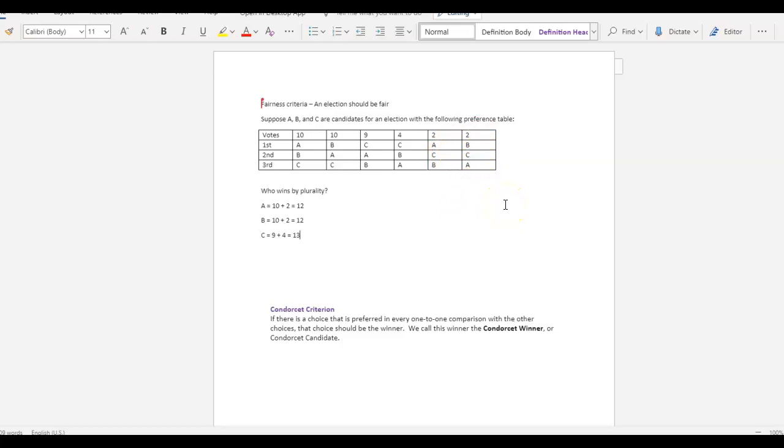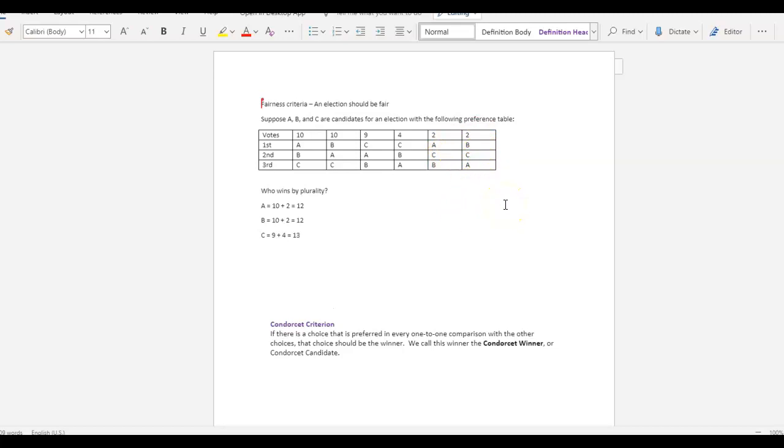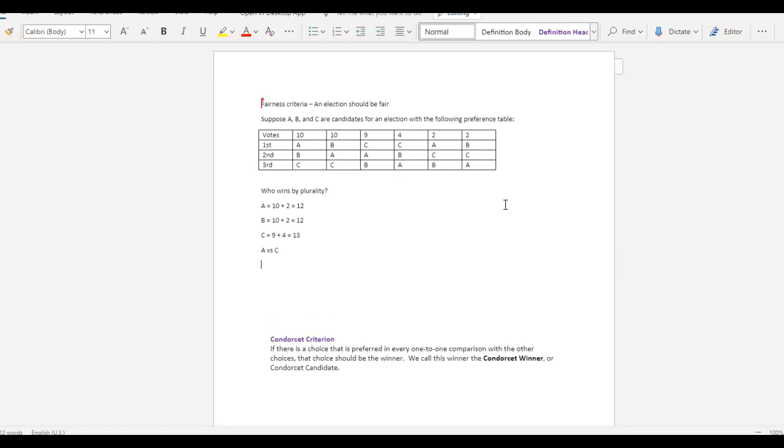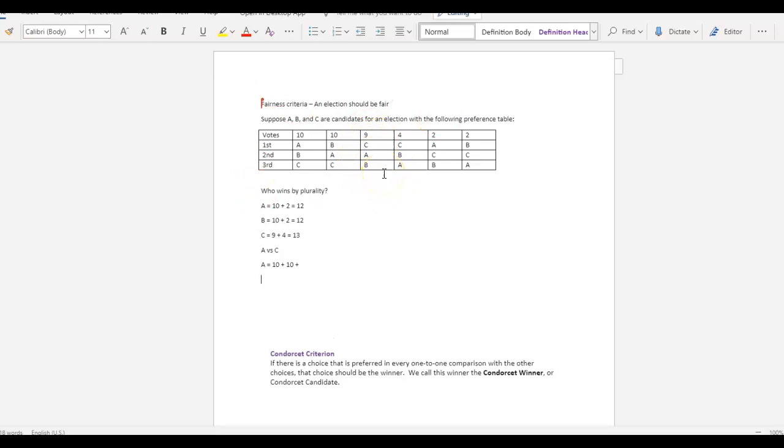And if we were to think about just the preferences here, and we were to do just A versus C without B being in the race, well, A would have 10 votes. It would get these 10 because these people prefer A over C. C would get these votes because, of course, they do like C the best.